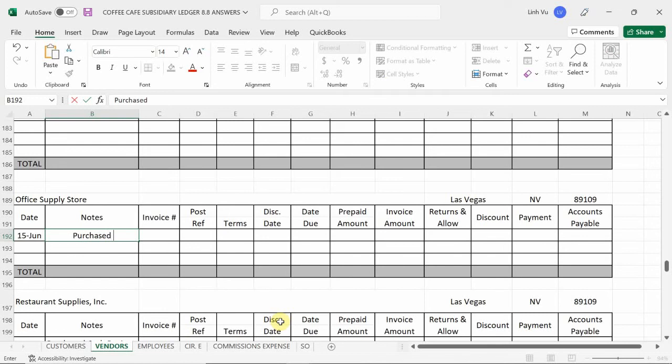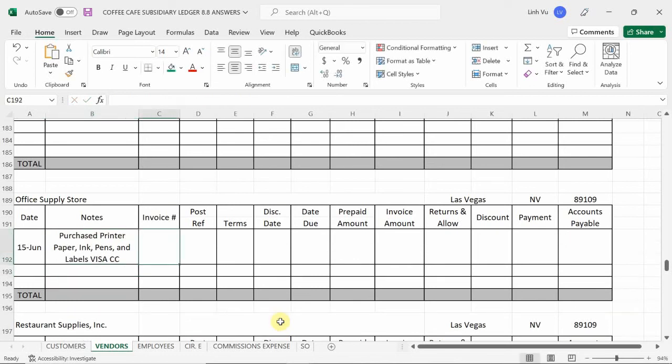Paper, ink, pens, and labels. Okay. And how did you pay for this? The credit card.